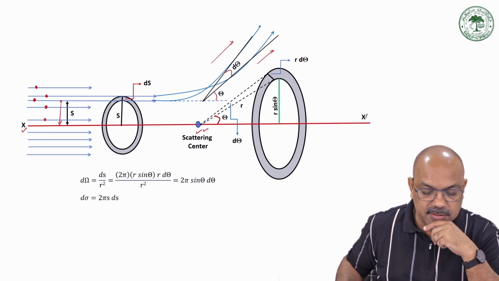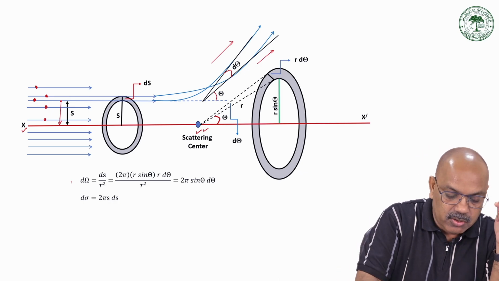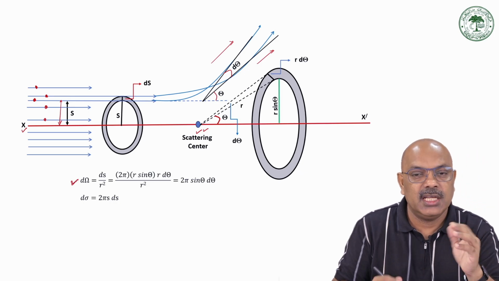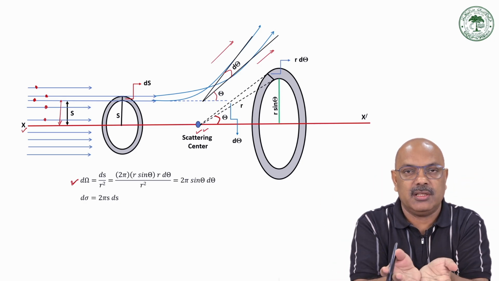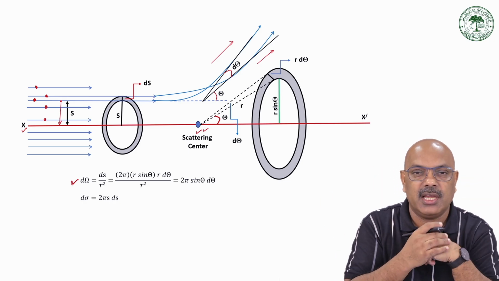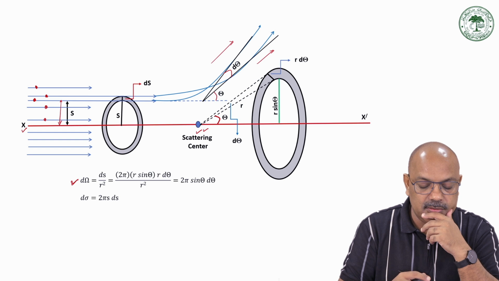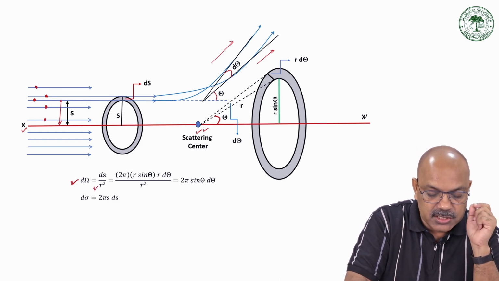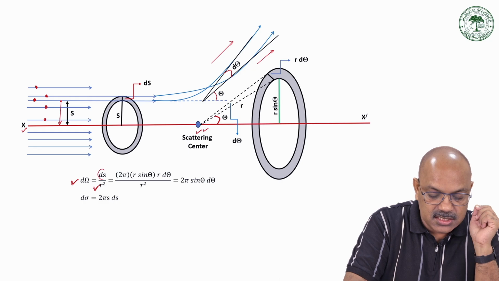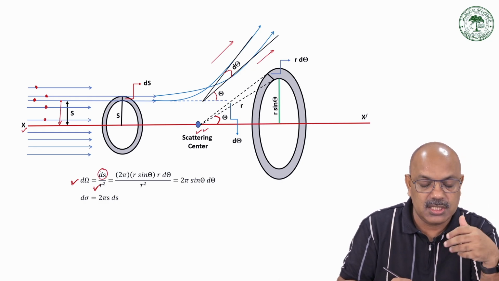And one more thing we can discuss is the solid angle d omega. The solid angle is defined as the area divided by the square of the radius of the sphere, because this is the sphere where the surface is. This is ds, not d sigma basically.